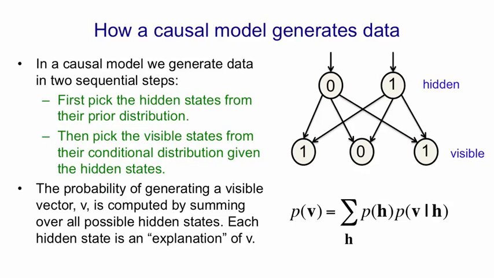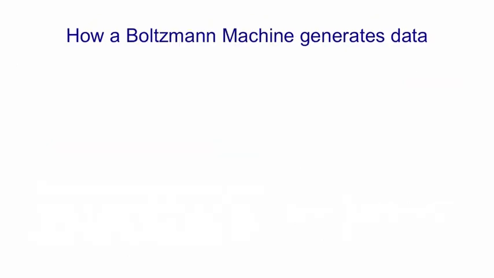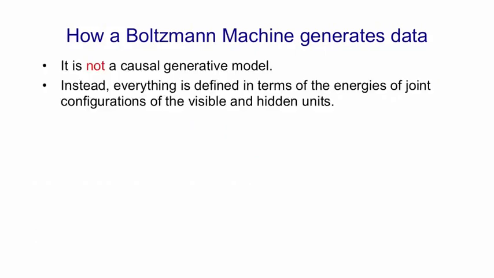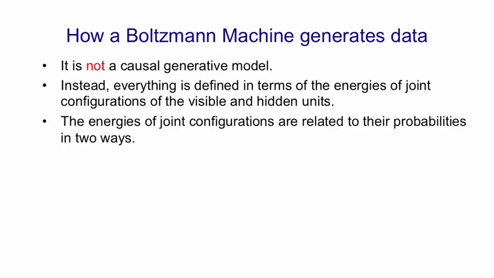But there's a completely different kind of model. A Boltzmann machine is an energy-based model, and in this kind of model, you don't generate data causally. It's not a causal generative model. Instead, everything's defined in terms of the energies of joint configurations of visible and hidden units. There's two ways of relating the energy of a joint configuration to its probability.